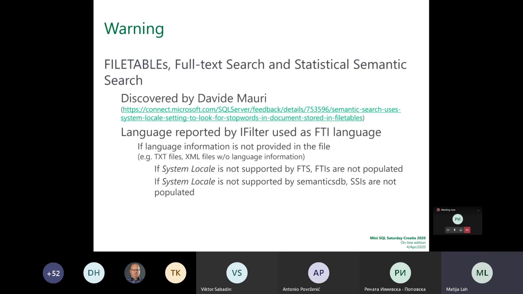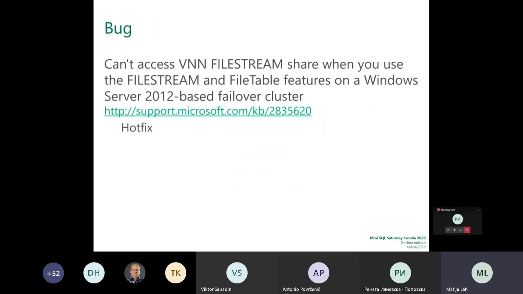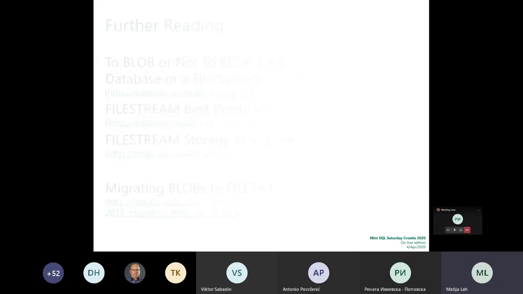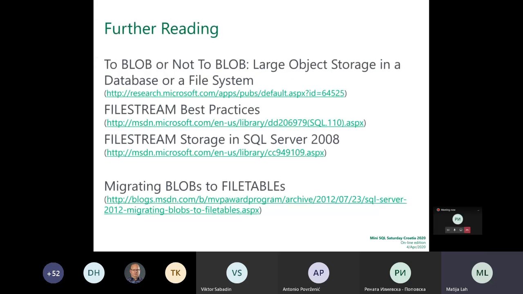Okay, there are a couple of warnings when using file tables, full text search, and statistical semantic search. We don't have time to go into too many details here. There's also a bug that was fixed with a hotfix later on. And of course, you need to do further reading in order to understand everything that you have to before you can use all of these features in real life.